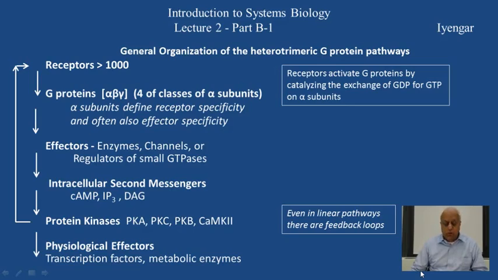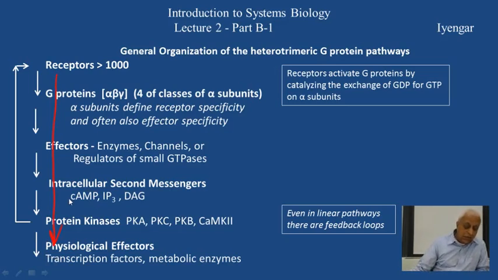These activate a variety of protein kinases, such as protein kinase A, protein kinase C, protein kinase B, calcium calmodulin dependent kinases, and these kinases in turn mediate various physiological effectors such as transcription factors, metabolic enzymes, and so on. So this is pretty much a linear signaling pathway, if you want to call it that.